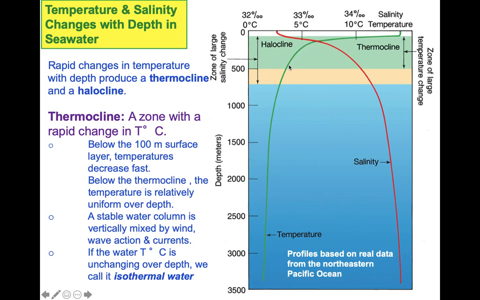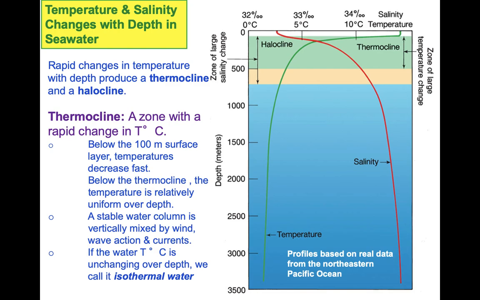And by the time you get to 500 meters here, we end up with water temperatures decreasing by as much as nearly 10 degrees Celsius. So this zone of the top nearly 500 meters, this green zone, in which the temperatures change very rapidly with depth, we call the zone of thermocline. And thermocline we define as a zone with a rapid change in seawater temperatures.